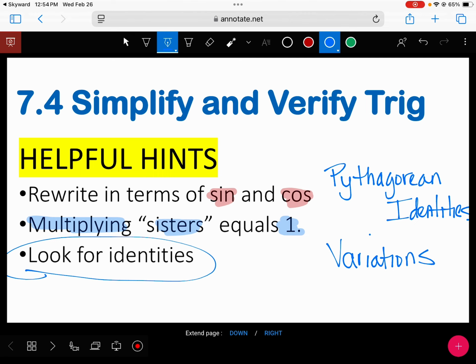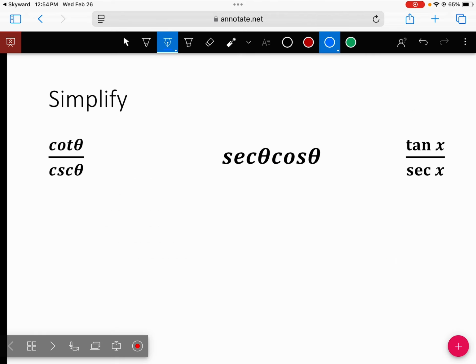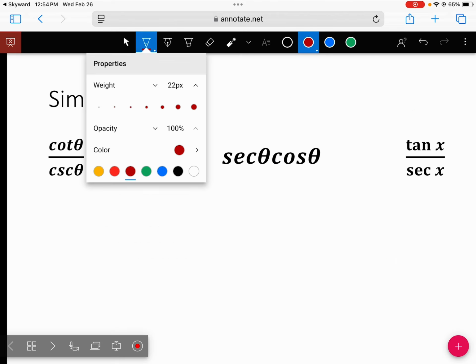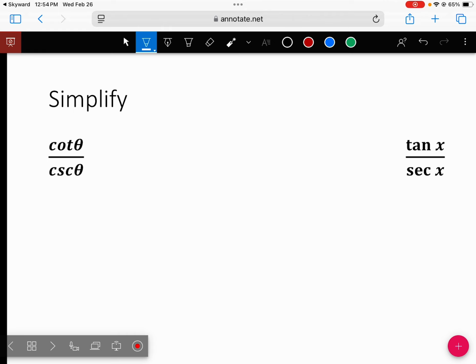All right, so let's go ahead and jump in. We're going to do one at a time. So I only want you to copy down the first example here where it says simplify. We're going to take cotangent and divide that by cosecant. There's 2 different types here: simplifying and verifying.